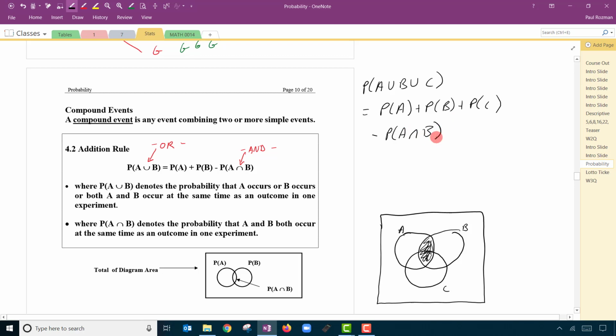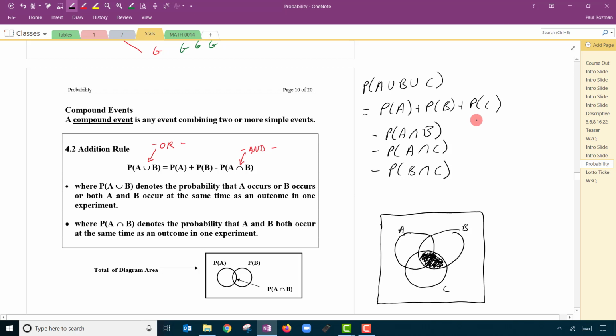But there are other problems besides that. If I have A with C, I added this region twice. So I better take it away. And then there's a third problem where we have B with C. This region here got counted twice. So I better take it away. So my formula is getting kind of long here.